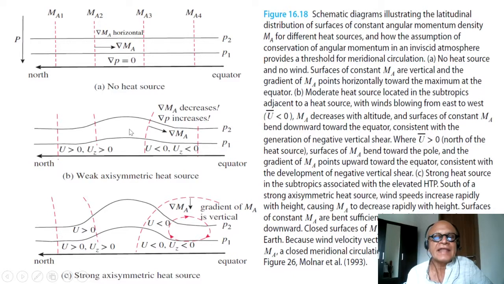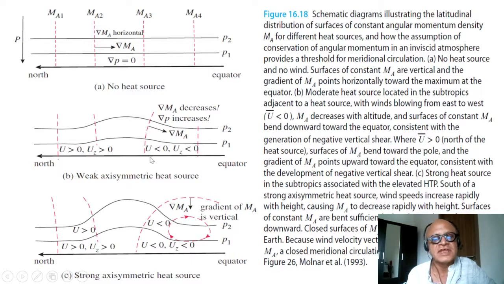If we add a heat source, obviously it begins to create vertical motion and begins to distort the constant pressure surfaces, and that's going to tilt the constant angular momentum lines, and then it's going to tilt the gradient of momentum as well.